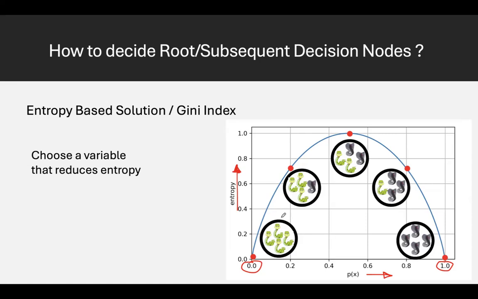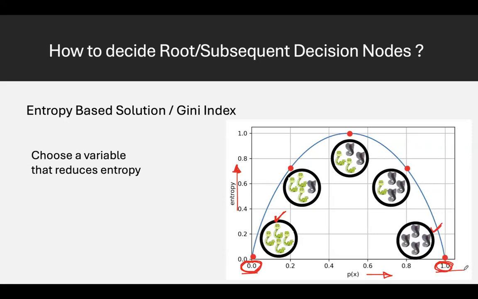What would be the probability of poisonous snakes in this circle? There is no poisonous snake here, so the probability is 0. In this circle, they are all poisonous snakes, so the probability is 1. So this circle and this circle have a probability of 0 and 1 respectively.